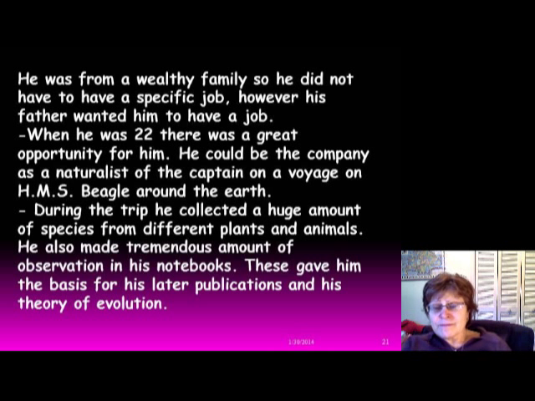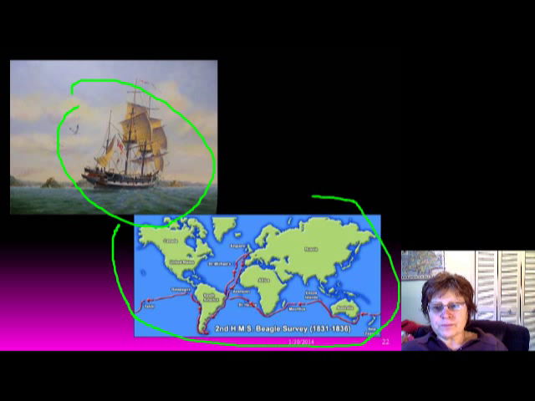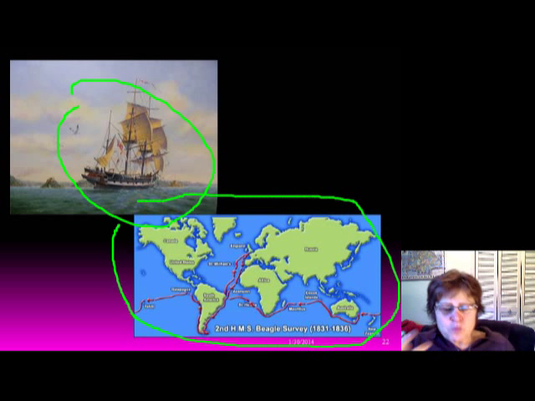After he came back home from this trip, all he did was work on all the stuff he collected on his trip. And this slide just shows the boat, the Beagle, and this is the trip. They went around the earth, and especially around the Galapagos Islands, where he made most of his most important discoveries, I should say.